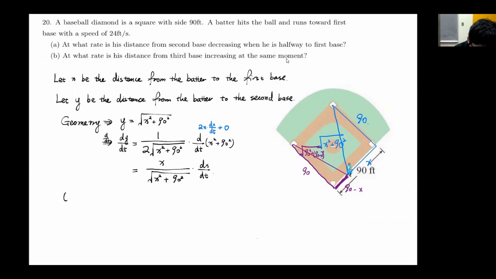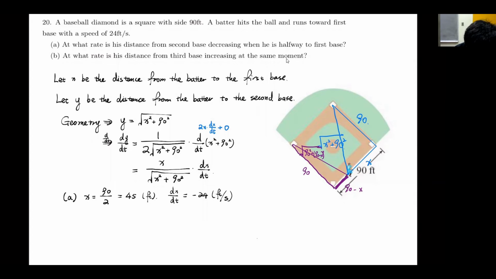Okay, so to answer part A, we are interested at the time when the batter is halfway to the first base. So this means x equals 90 over 2, which is 45, and the unit is feet. And moreover, we know that dx over dt equals minus 24, the unit is feet per second.